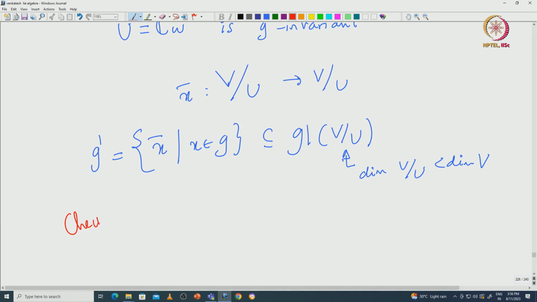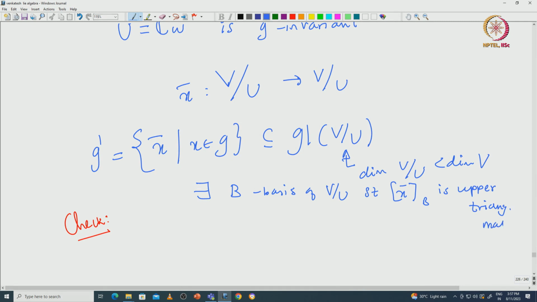Check that, okay, there exists a basis B of V mod U such that x bar on B is an upper triangular matrix. So, now you can take B union the w.